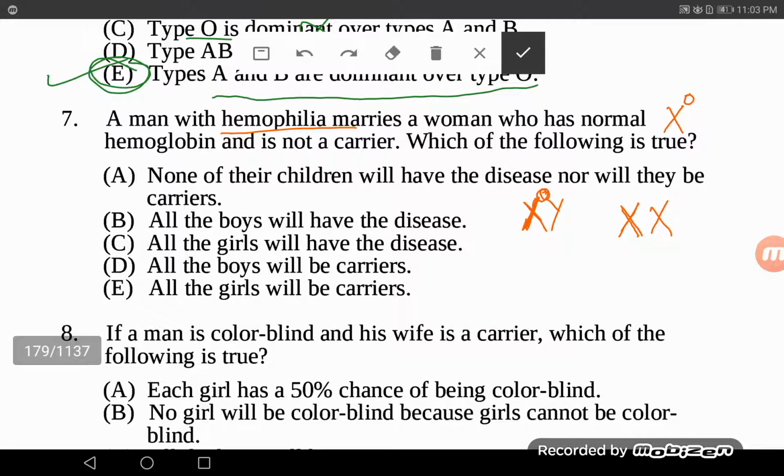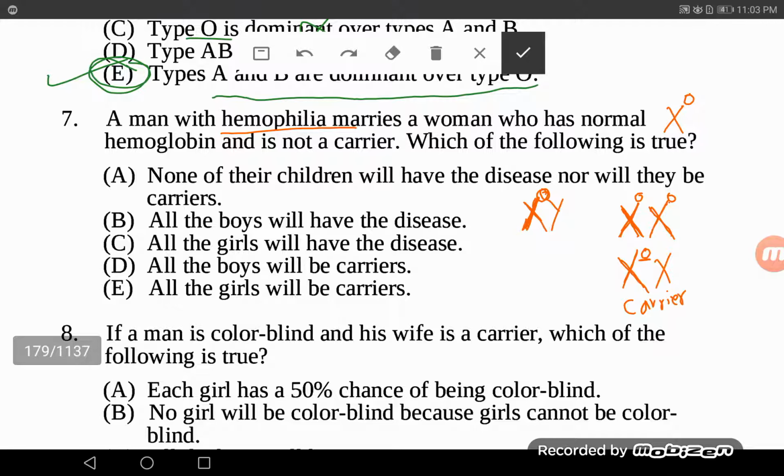We have to know that for a woman to show a disease, both X chromosomes should carry the allele. If only one of them is carrying that allele, the woman will be a carrier.